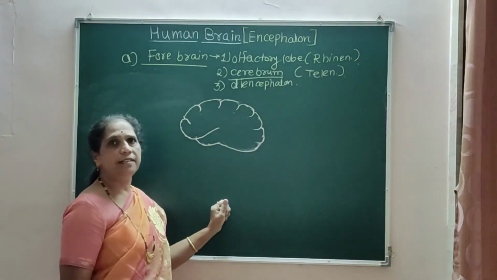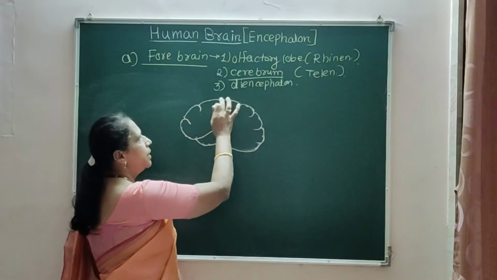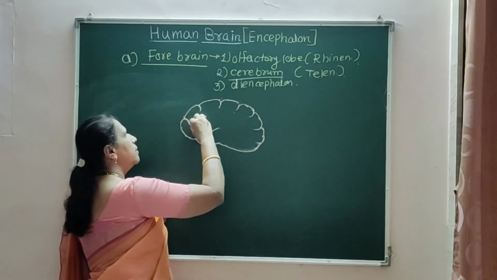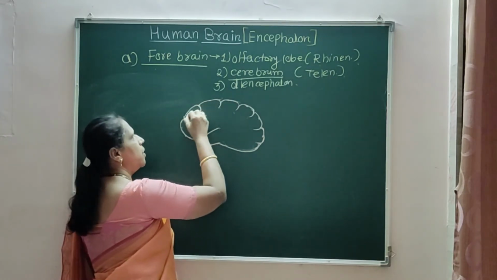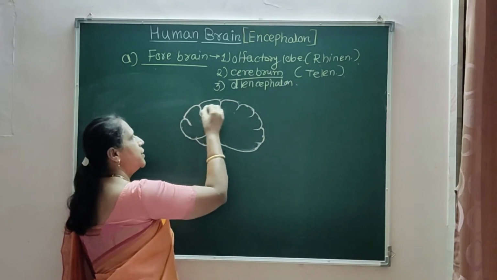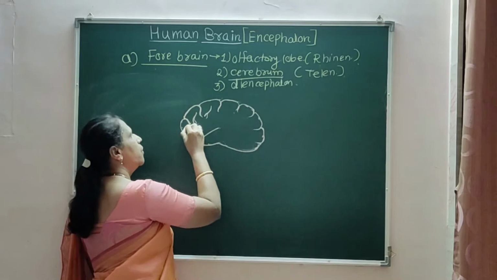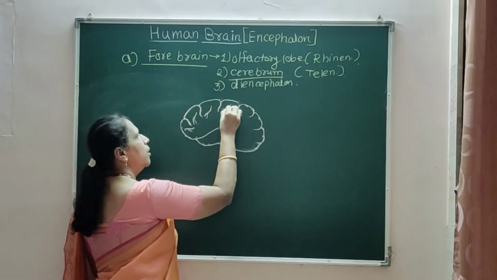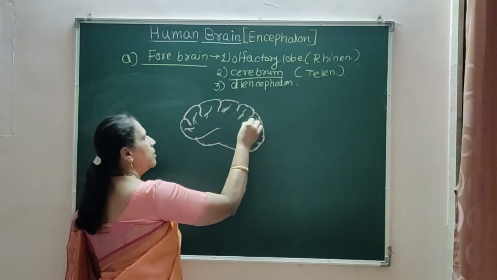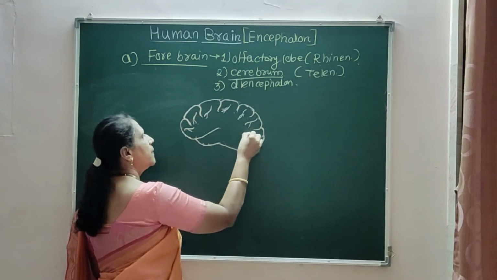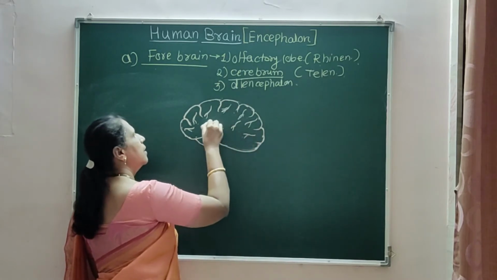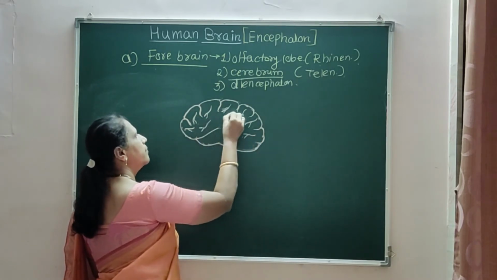The outer region forms convolutions called gyri, and the depressions are called sulci. So these are the gyri and sulci which are formed on the outer part of the brain.